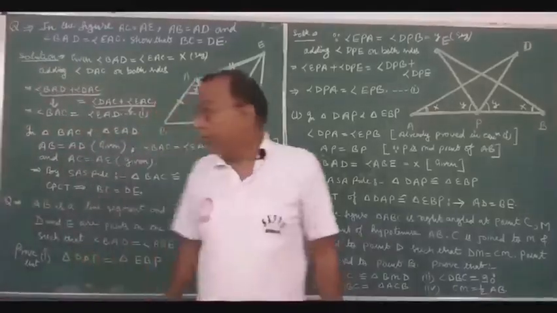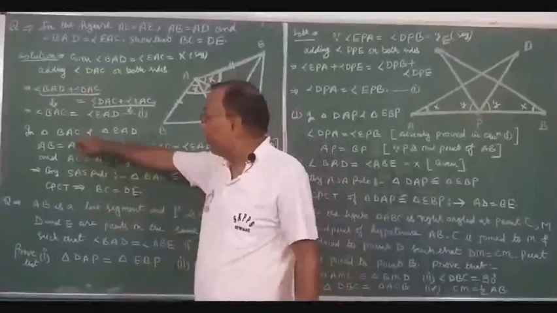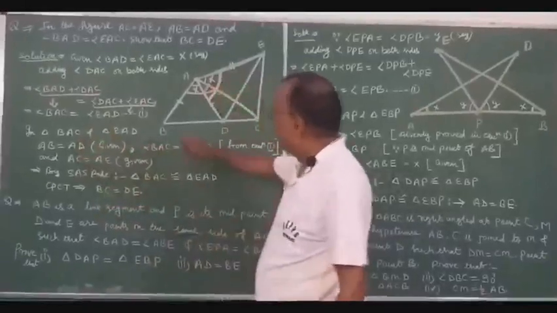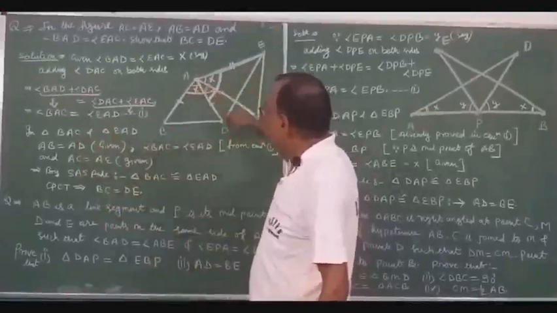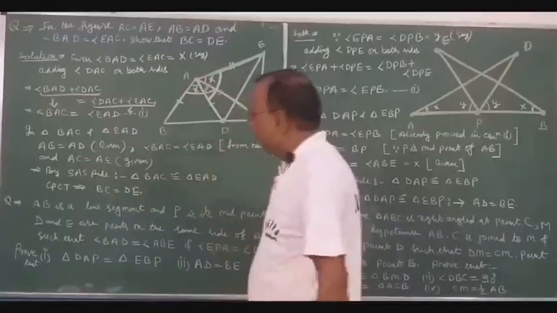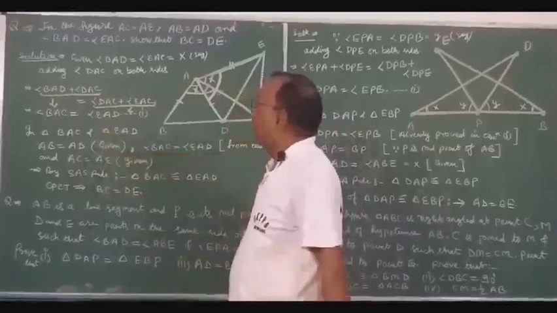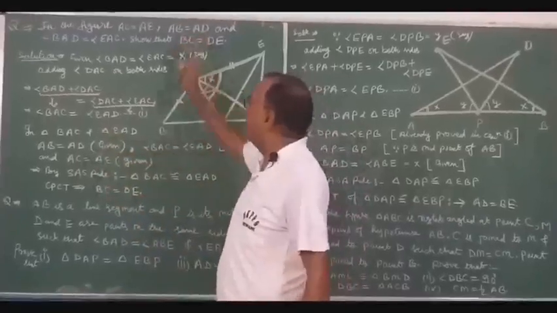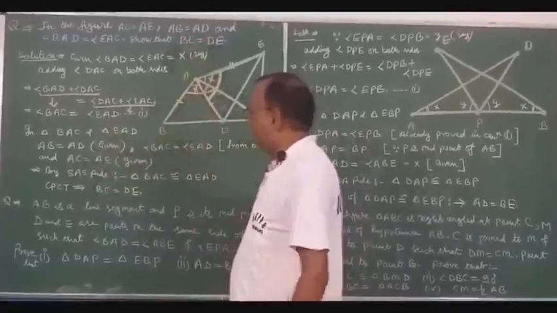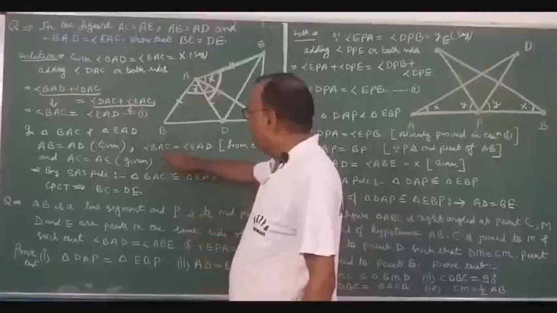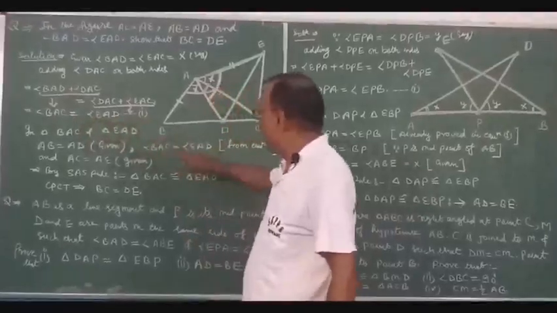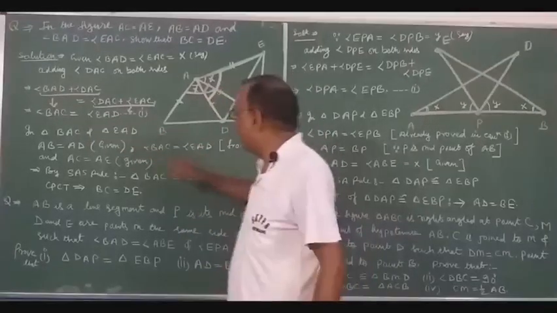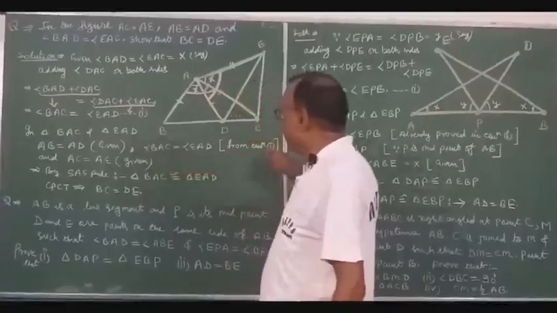Now take these two triangles, triangle BAC and EAD. What are you given? AB is equal to AD, it was given in the question. Angle BAC is equal to angle EAD, already proved in equation 1.